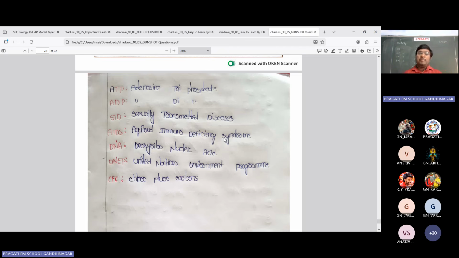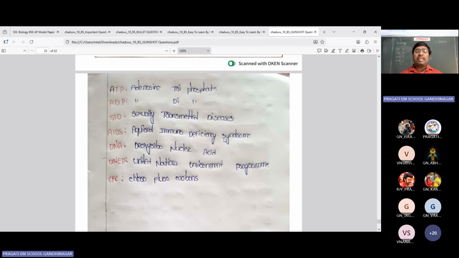ATP, adenosine triphosphate. ADP, adenosine diphosphate. STD, sexually transmitted diseases. AIDS, acquired immunodeficiency syndrome.